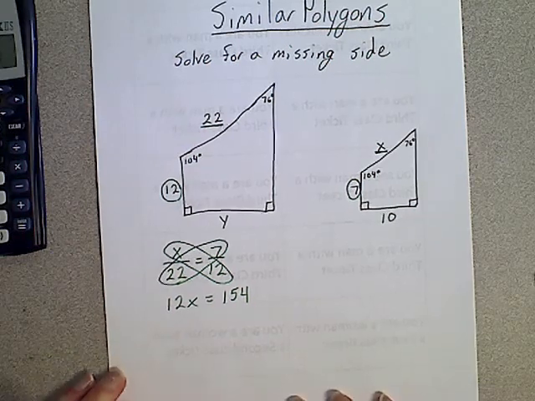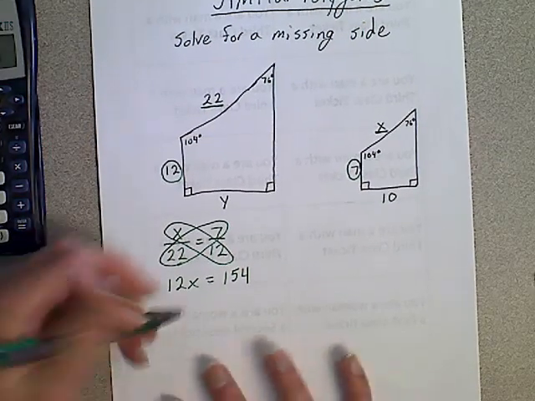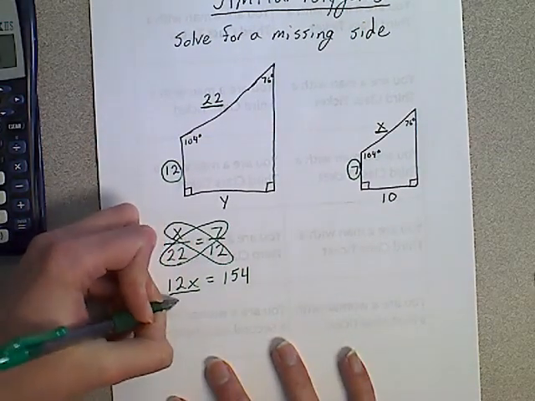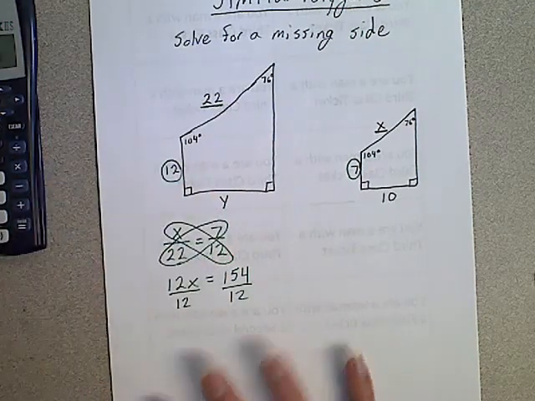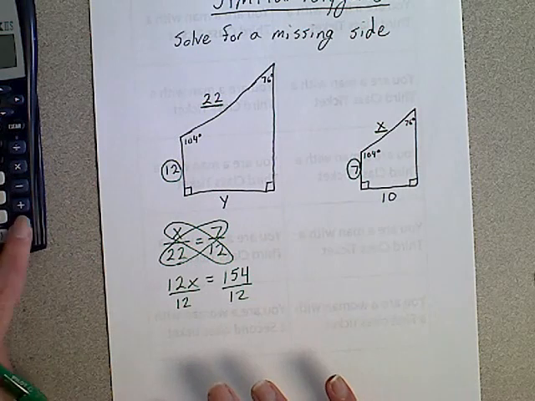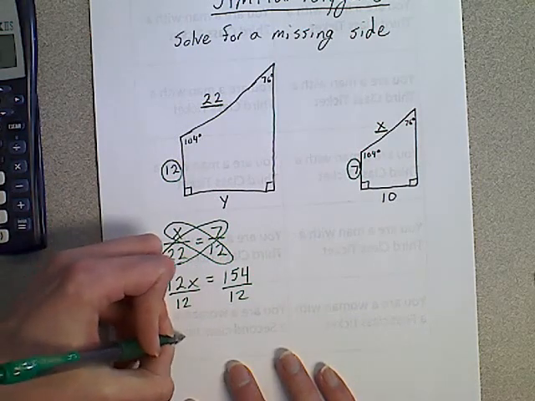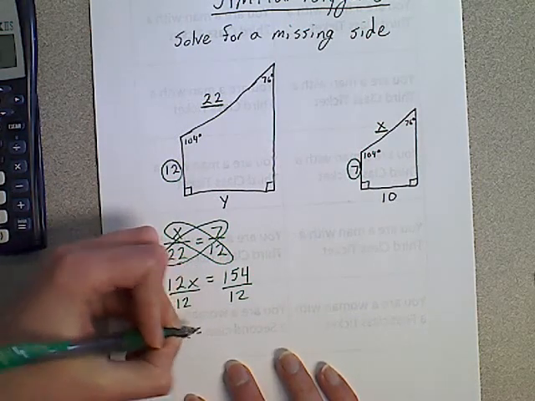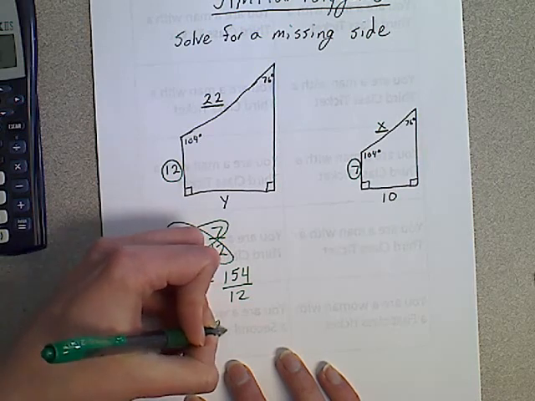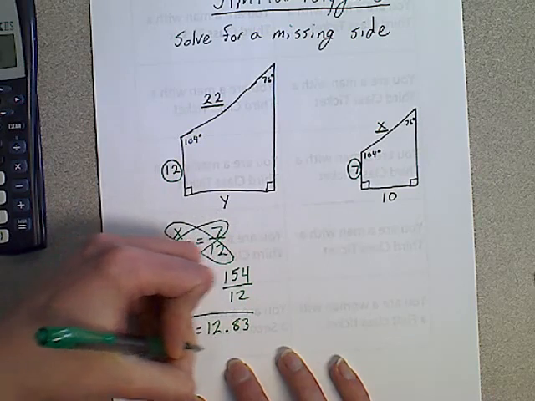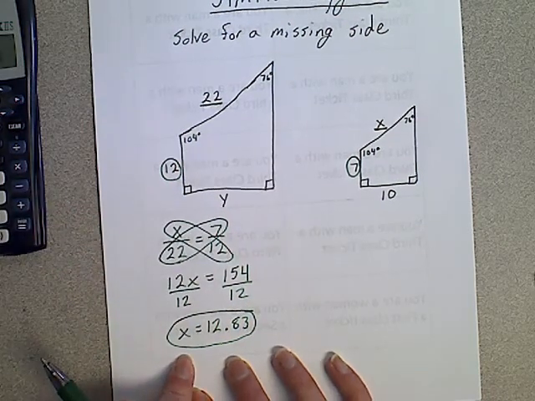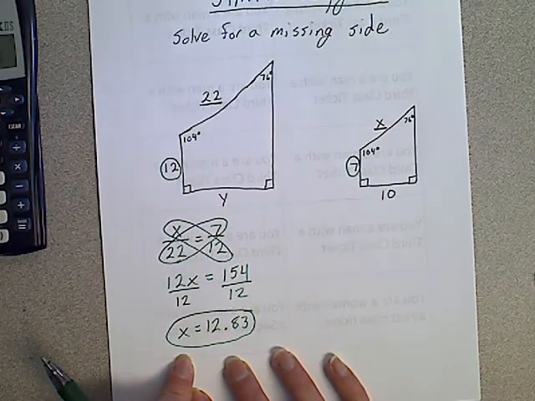Then we have that same one-step equation. This time we will divide both sides by 12. And 154 divided by 12, we will round that answer to 12.83. So that is our final answer for x.